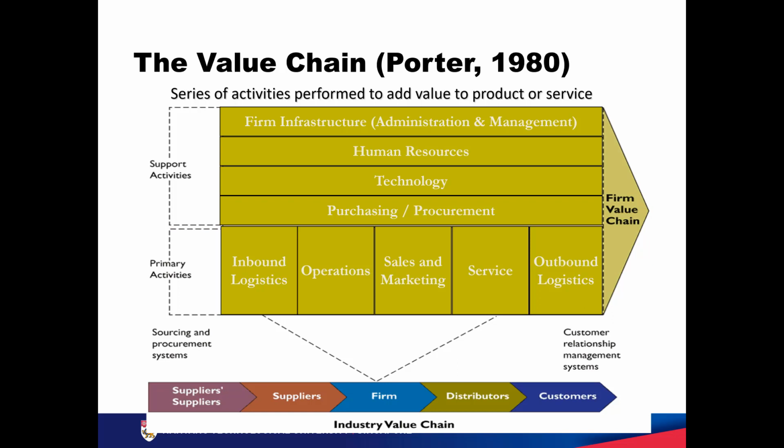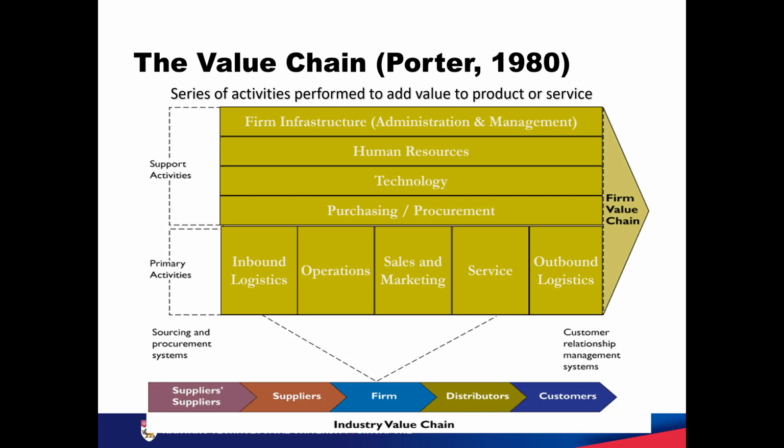For example, human resources. We need that activity in order for us to manage our people. Purchasing and procurement. You need such an activity in order to facilitate inbound logistics, for example. And of course, we need technology. And more importantly, if you look at the bottom of this slide, we have an industry value chain.